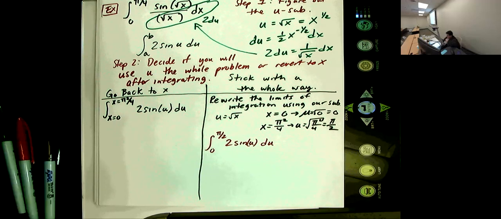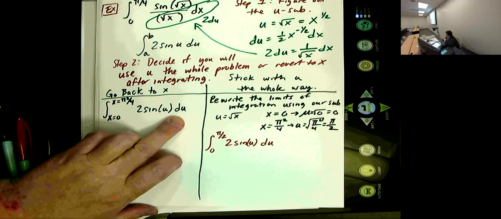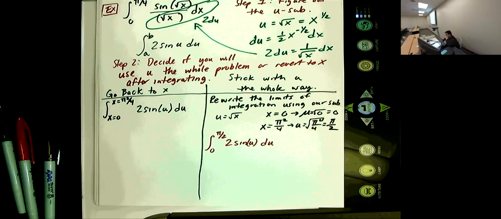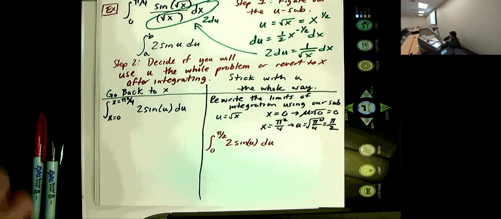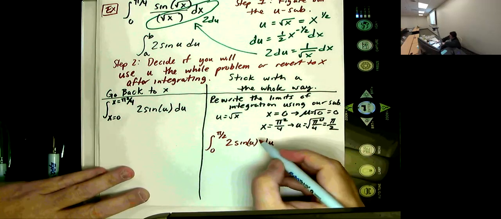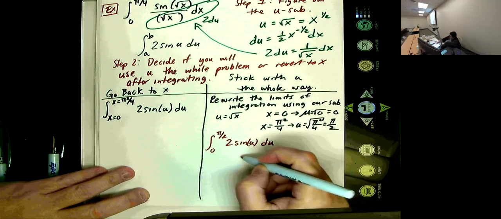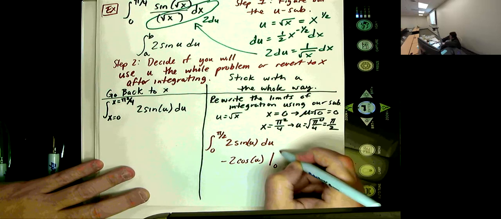The integral always goes with the variable in the differential, the du. Once you've done the substitution, this one is actually, I think, easier. We saw sine was cosine or negative cosine. So this is negative 2 cosine of u, evaluated from 0 to pi over 2.